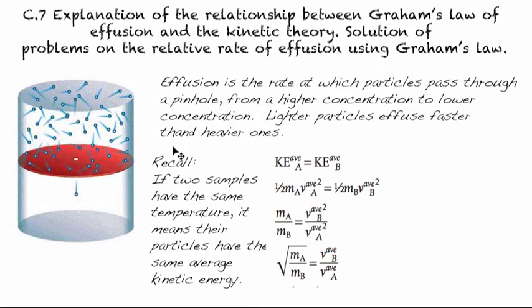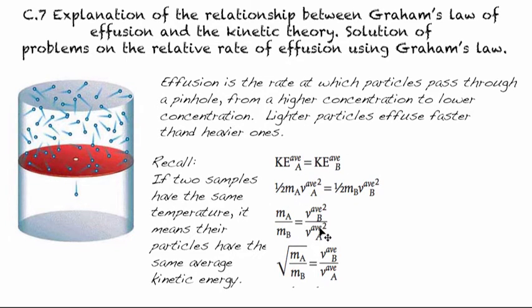So if you have a heavier particle with the same energy, then it must be moving at a slower velocity. So heavier particles will effuse slower because they're moving at a slower speed compared to a lighter particle, which will have to move at a higher speed to have the same kinetic energy.